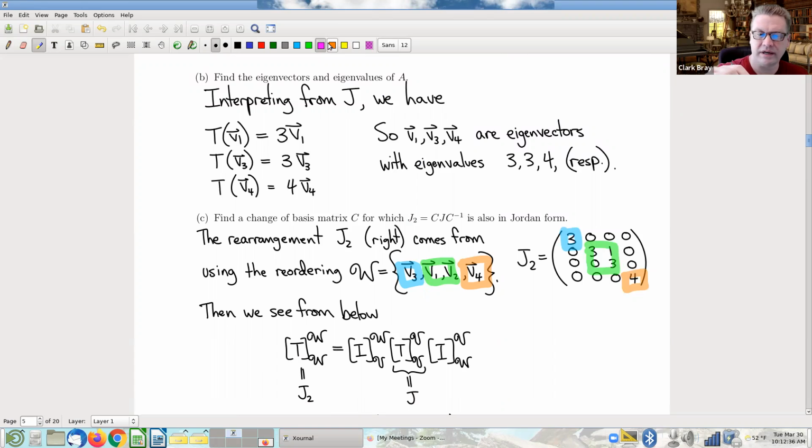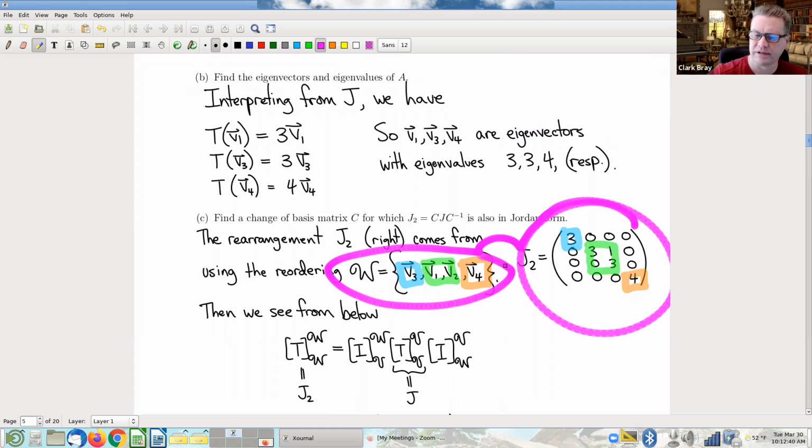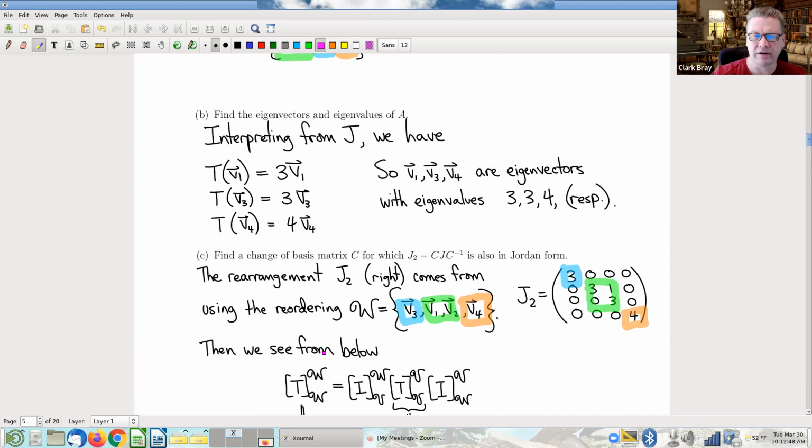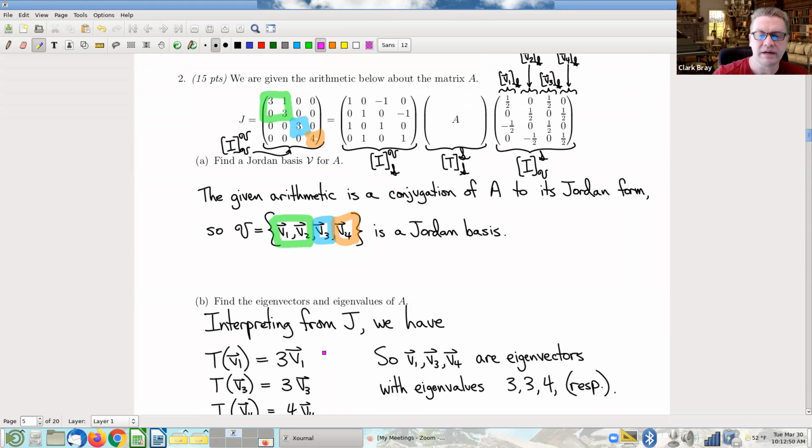This matrix here represents with respect to that basis. Now, of course, we know from previously that this matrix up here, J, represents with respect to the V basis.